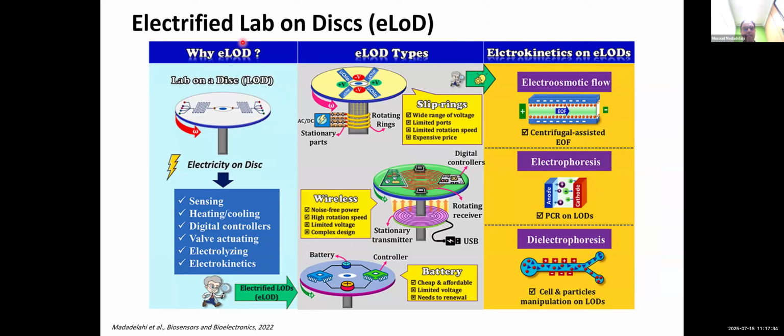These electrified disks are called electrified lab-on-disks. How can we do that? Well, we have three options. We can use batteries, something like this. You place a battery on that disk and then you rotate it.